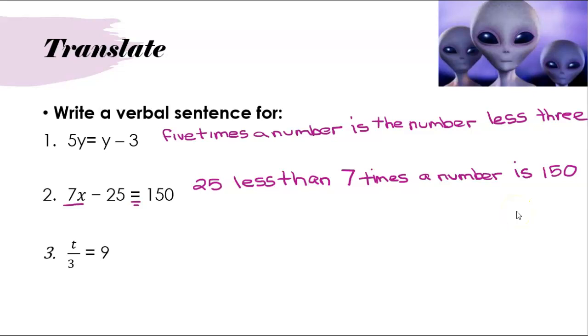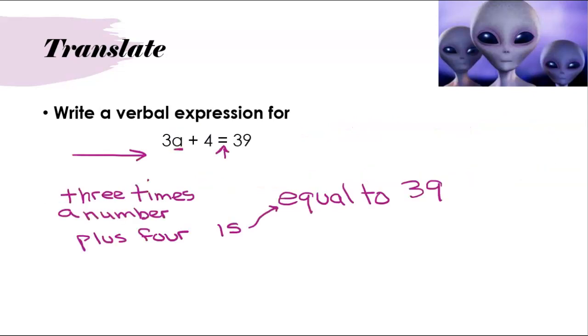Okay, number 3. Down here we have t over 3 equals 9. So we could say, what is the official word for division?